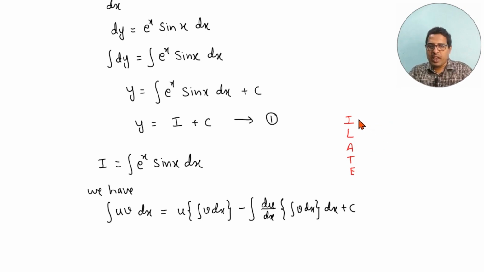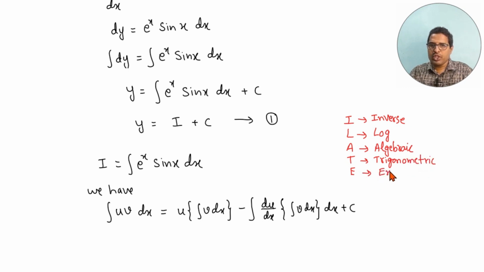Here I represents the inverse trigonometric function, L represents the logarithmic function, A represents the algebraic function, T represents the trigonometric function, and E represents the exponential function.